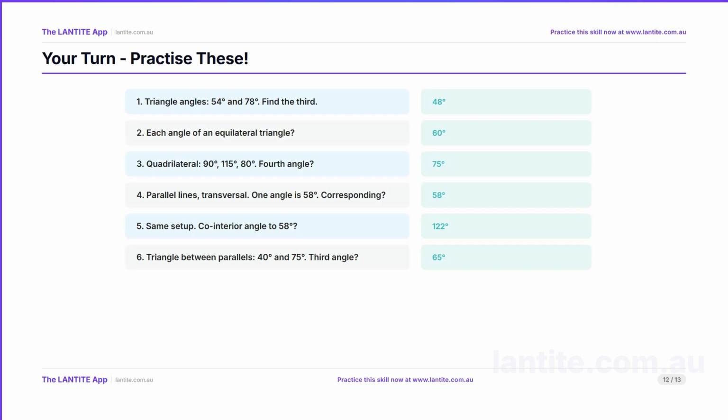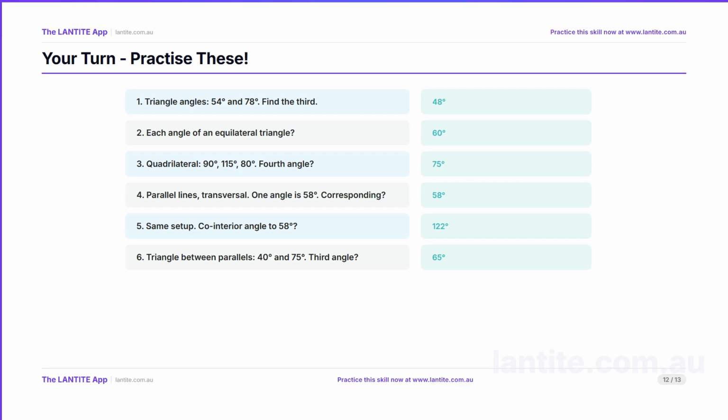Now try these 6 problems. Problem 1. A triangle has angles of 54 degrees and 78 degrees. Find the third angle. Problem 2. An equilateral triangle. What is each angle? Problem 3. A quadrilateral has angles of 90, 115, and 80 degrees. Find the fourth. Problem 4. Parallel lines are cut by a transversal.